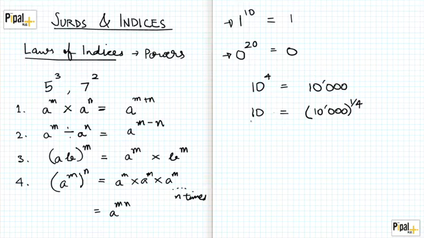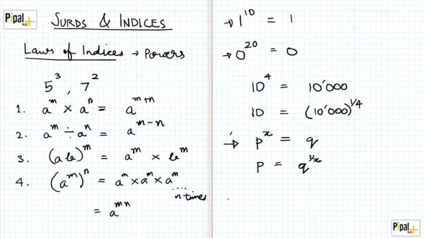Essentially, if I must generalize this, I can say that this is a special result, that p to the power x, when this equals q, then p equals the 1/xth power of q. This is an important result that we must remember.